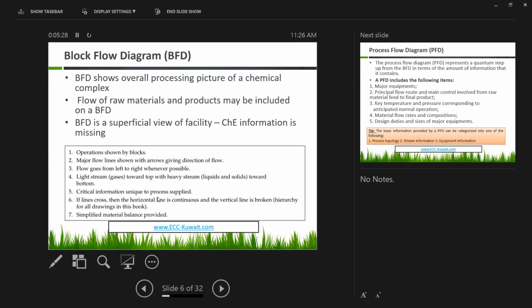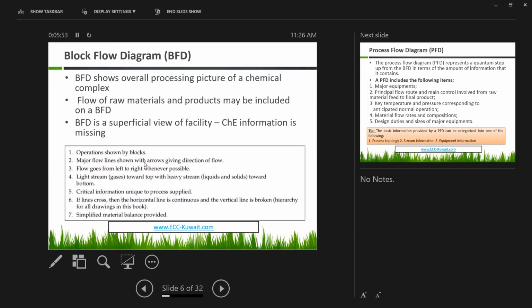Critical information unique to the process is supplied, such as conversion, such as molar flow rate, maybe such as the components in each stream. برضو كمان number 6, if lines cross, then the horizontal line is continuous and the vertical line is broken. This is a very important note.